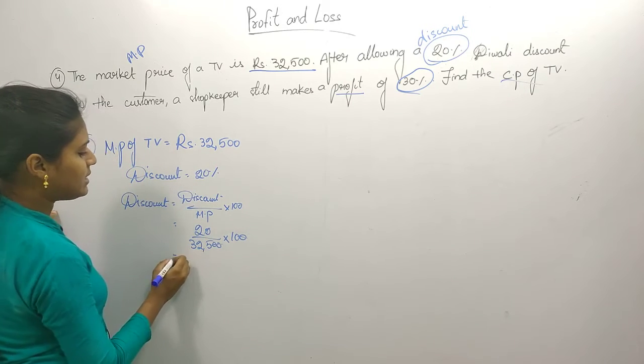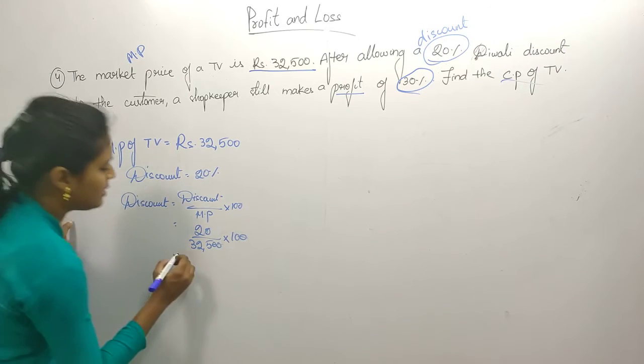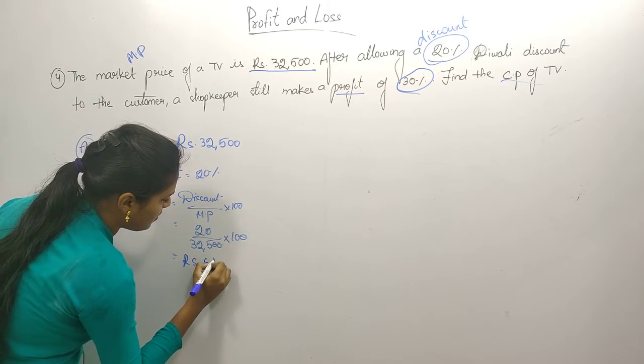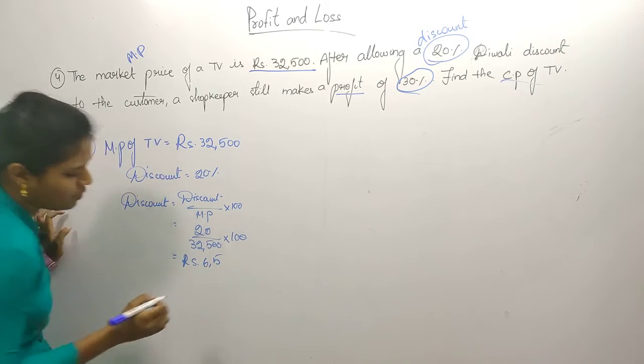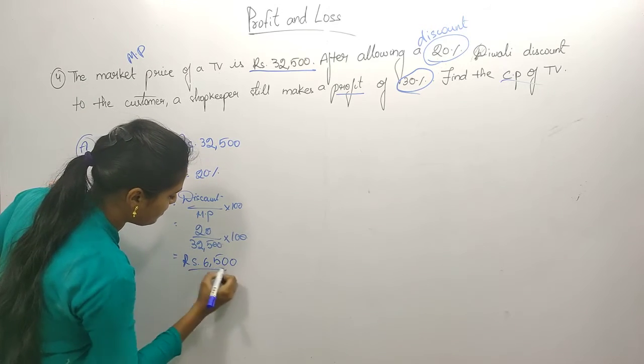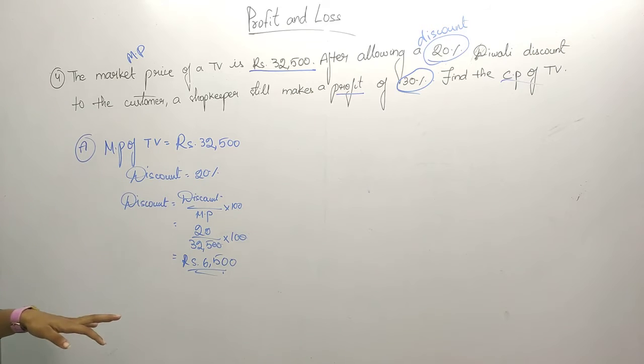By doing the cancellation, what answer will we get? Rupees 6,500. Rupees 6,500 is the final answer. Discount you got is rupees 6,500. Now we have to find the selling price of the TV.